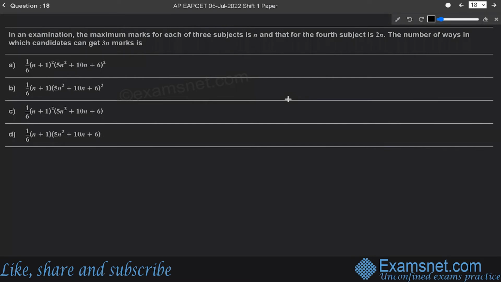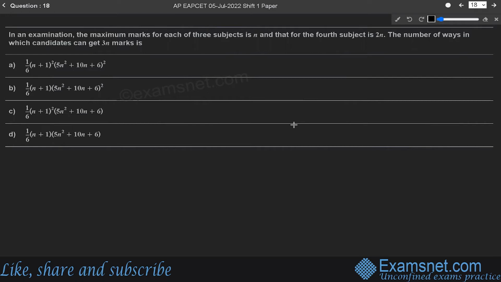Next question is, in an examination, the maximum marks for each of the 3 subjects is n, and that for the 4th subject is 2n. The number of ways in which candidates can get 3n marks is. We have to find the number of ways in which candidates can get 3n marks.